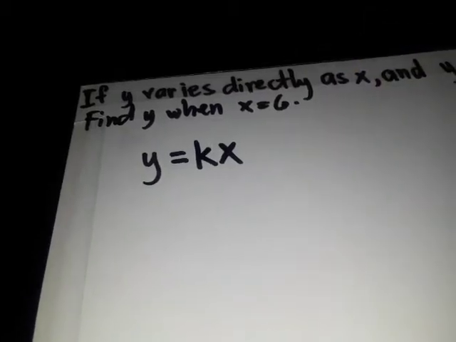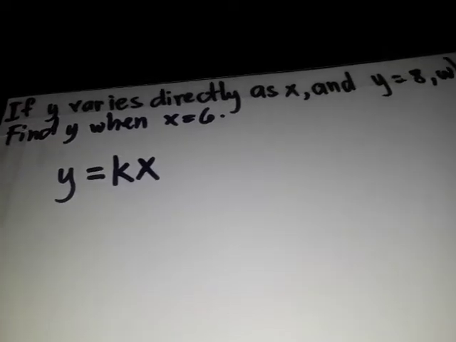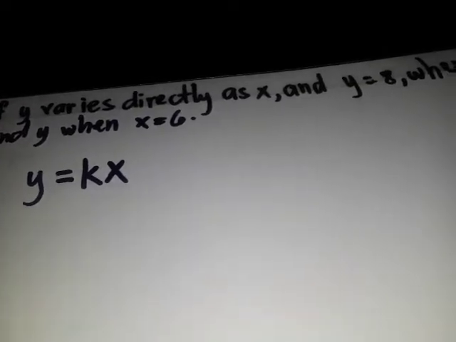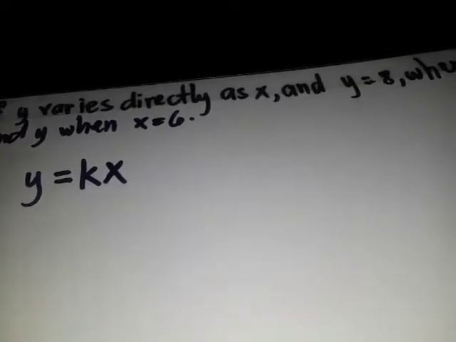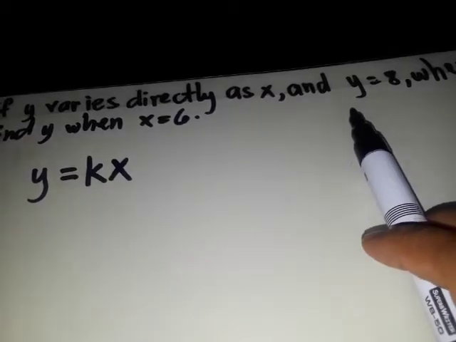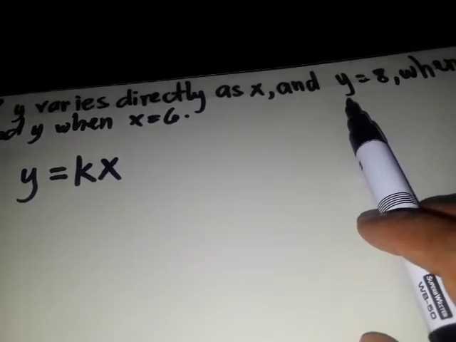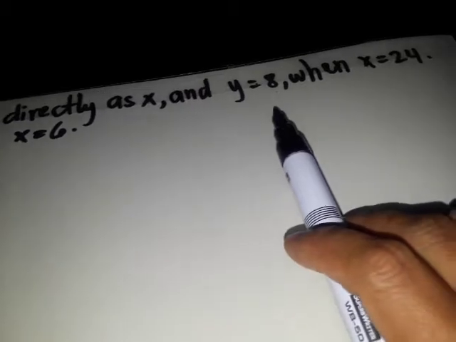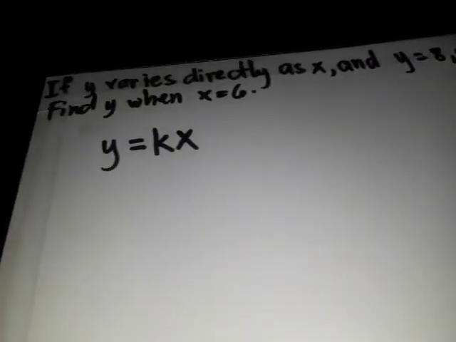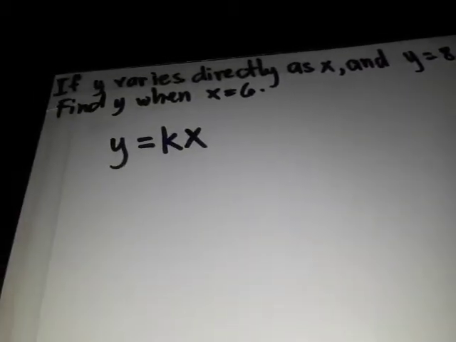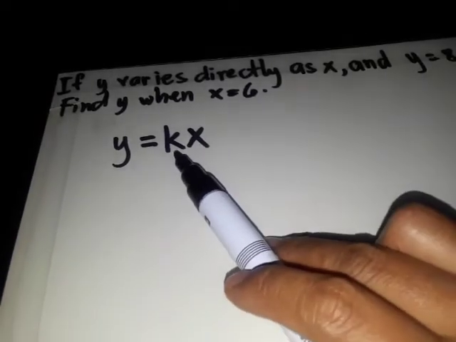Okay, so next we're going to have the given. So what are the given? In here, meron tayo y is equal to 8, and then when x is equal to 24, find y when x is equal to 6. So first, we need to find k.